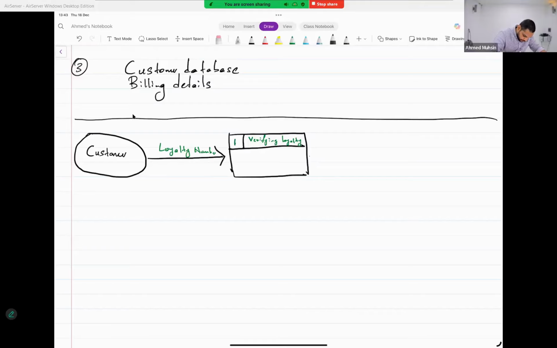This number will then be stored in the customer database. So and so came and made a purchase. Loyalty number. Okay, so now we have a data store here, which is our customer database.